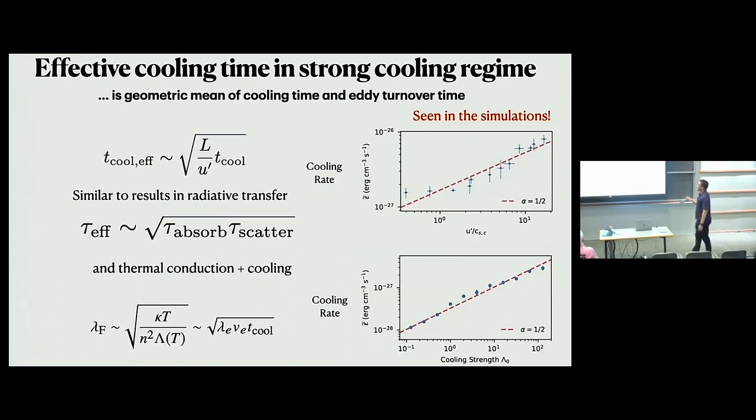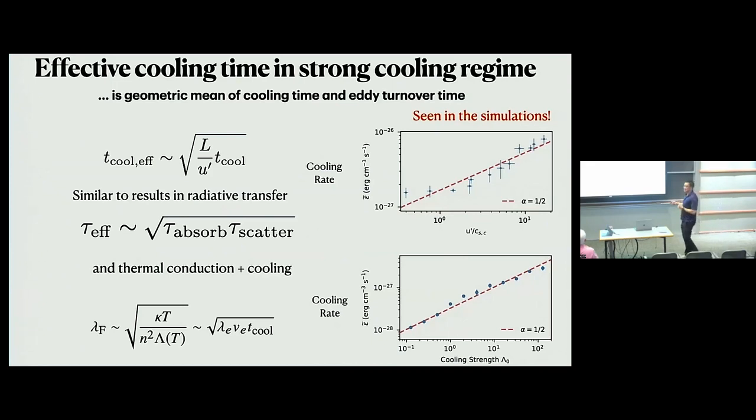And we're used to similar situations in astrophysics where you have a combination of elastic and inelastic collisions. Say a photon is doing a random walk. If you have a medium which both scatters and also absorbs, then the probability of absorption is typically the geometric mean of the probabilities of pure scattering and pure absorption.